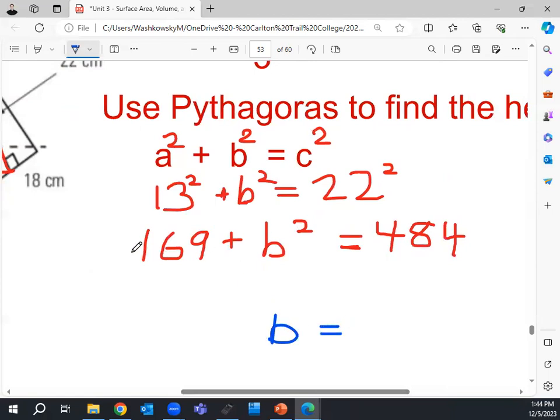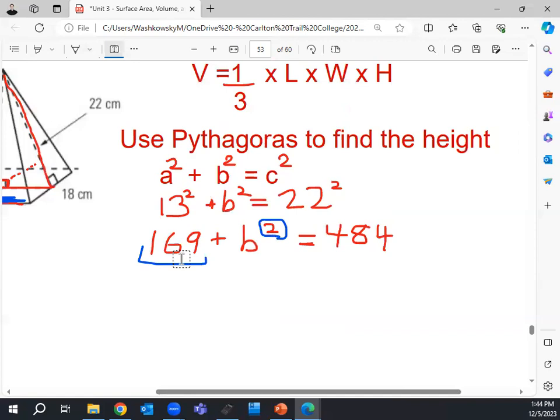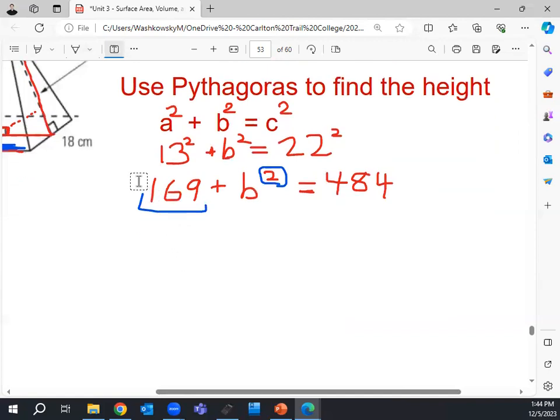The 169 is one of them. What's the other one? Well, the 484 is already on one side by itself, so it's not that one. It's something on the left side here, and the square. These are the two things I need to get rid of. If I get rid of those two things, all of a sudden I am able to get my answer.